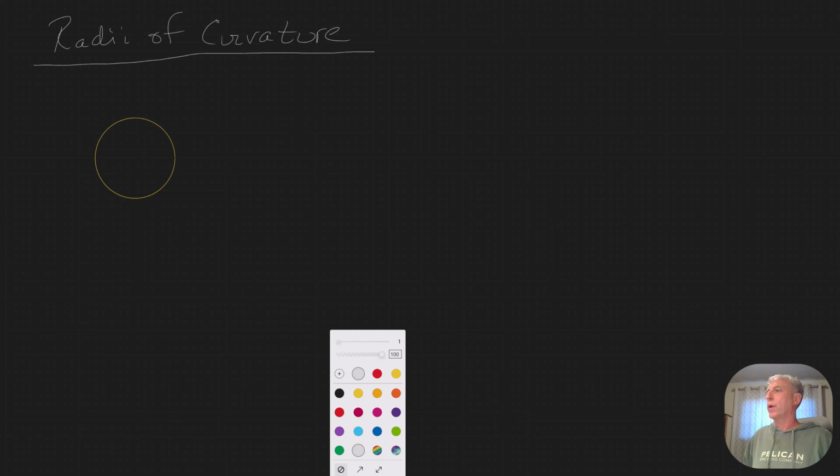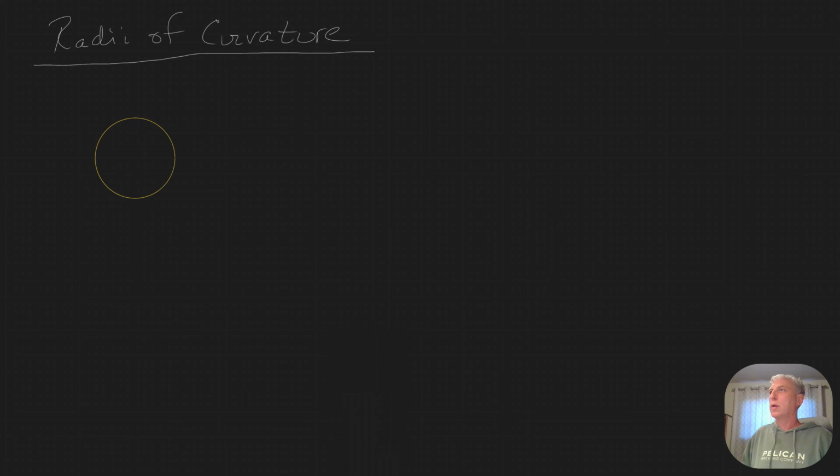Now the length of a radius of curvature can be a little counterintuitive, right? So if we have a circle and we have a radius, we know that that circle has a radius, and that radius is uniform, right? We'll call that r. Well, that's a defining characteristic of that circle.